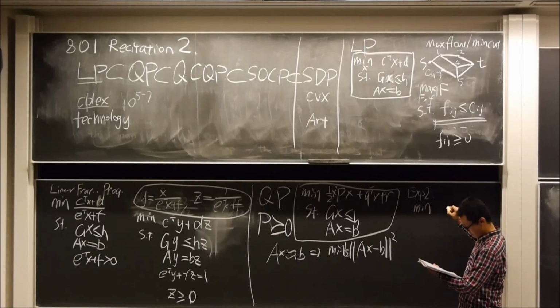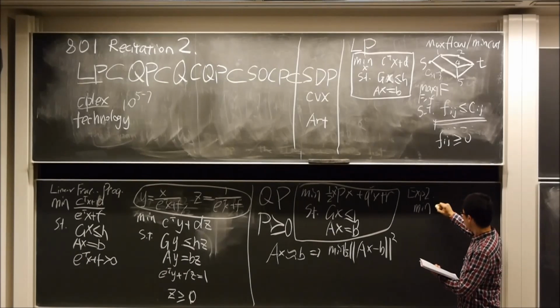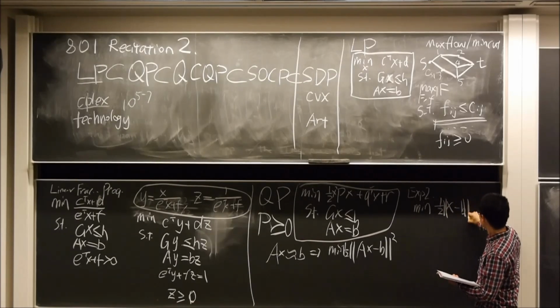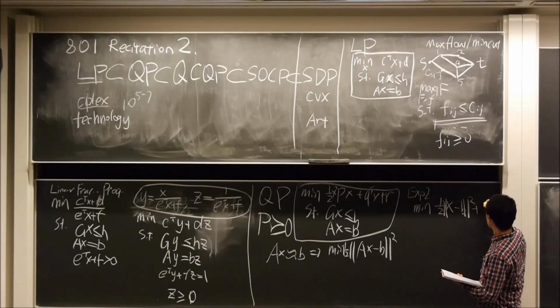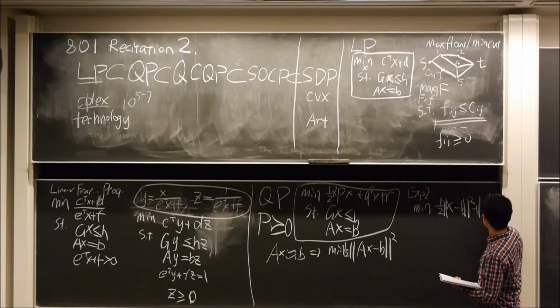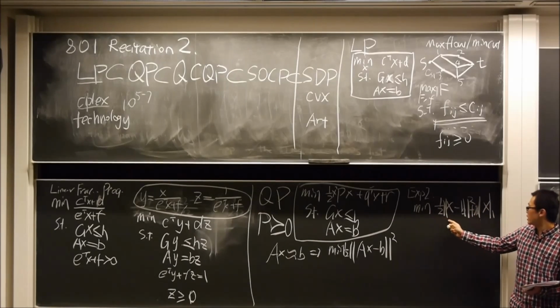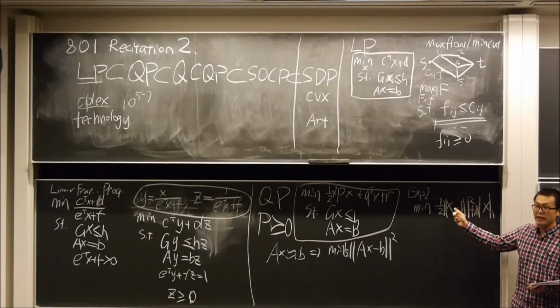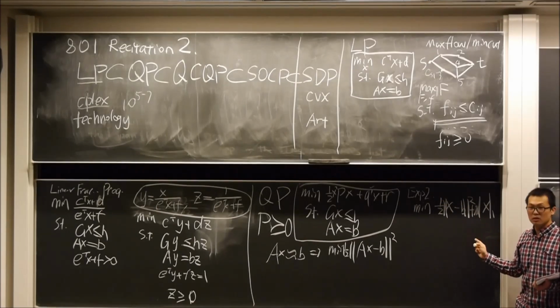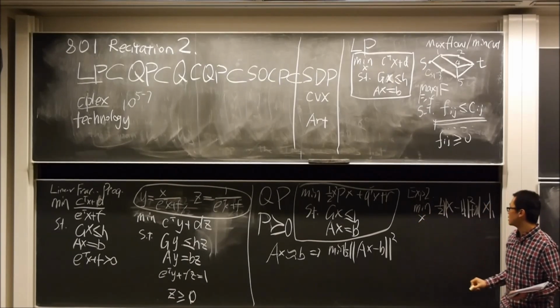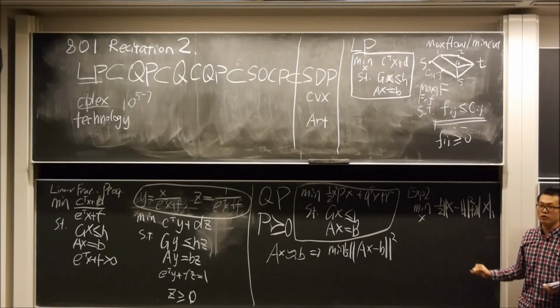Minimize... So it's basically minimizing the quadratic term plus a one norm of x, minimize over x. And this is the so-called soft thresholding operator.